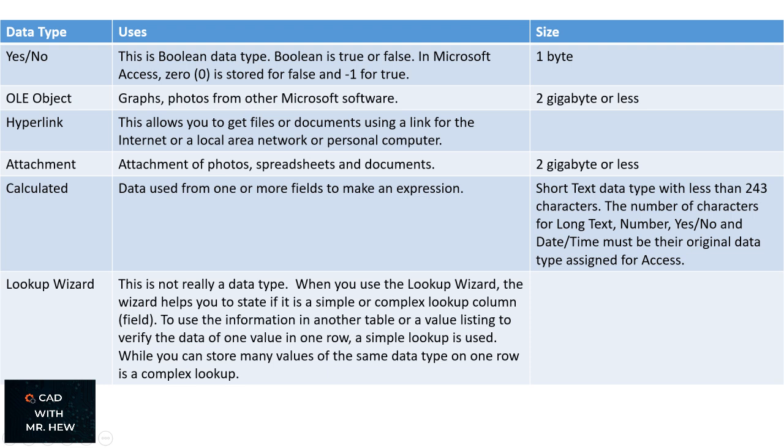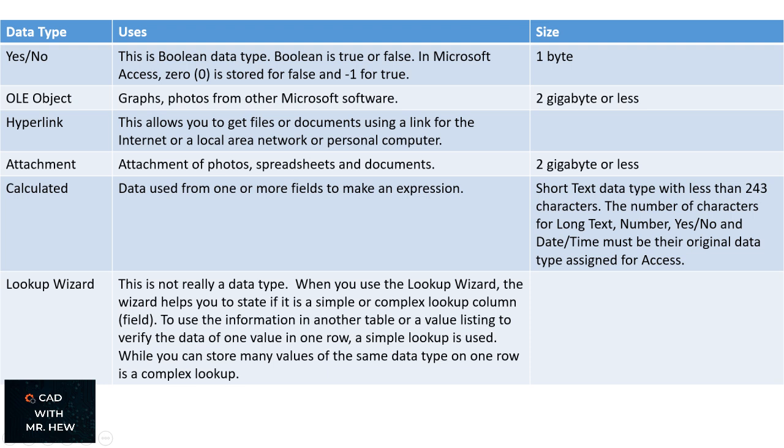All right, OLE object. This is used to store graphs and photos from other Microsoft software, right? So the graph could be coming from Microsoft Excel, and the photos could be coming from perhaps Paint, and the size is 2 gigabytes or less.